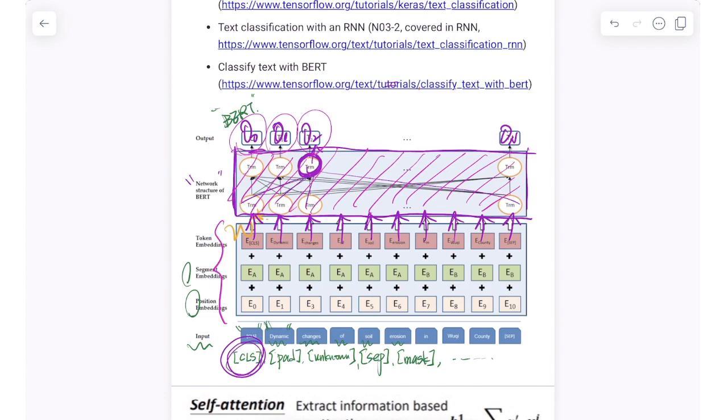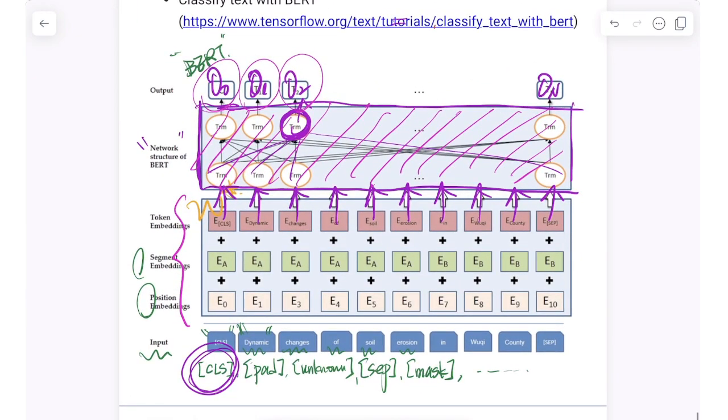I think one of the interesting things about this structure is that if you would like to do a specific task, for example the close test, when you do training you can simply remove part of the tokens and replace them with a mask.